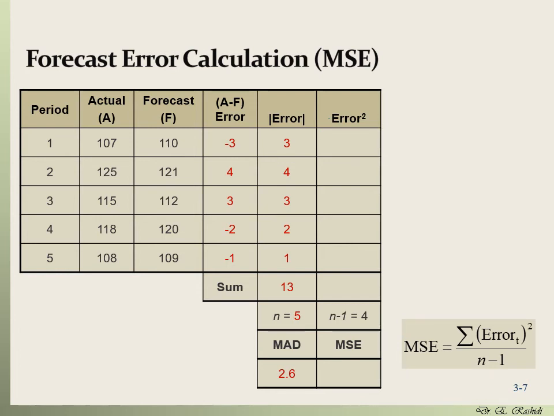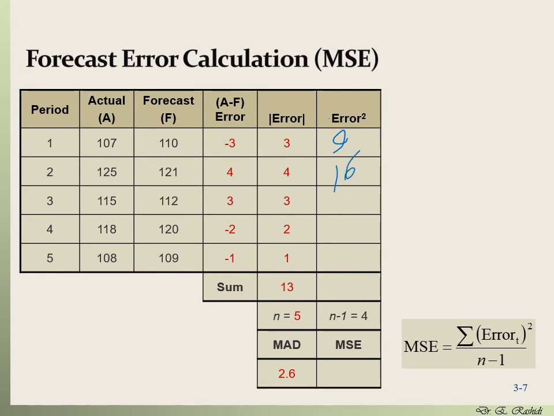For the first period, the error is -3, so the square of this would be 9. For the second period, the error is 4, so the square would be 16.